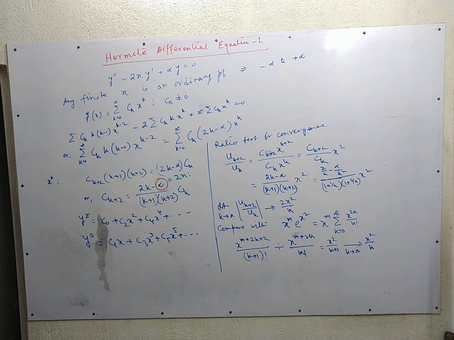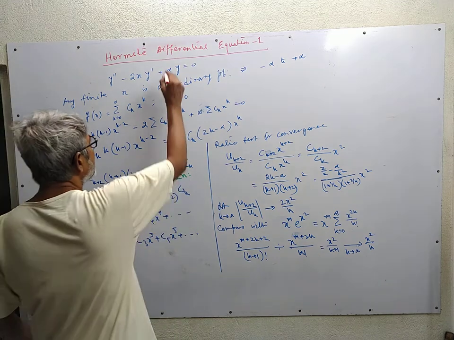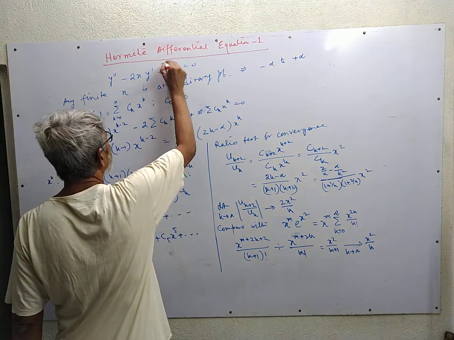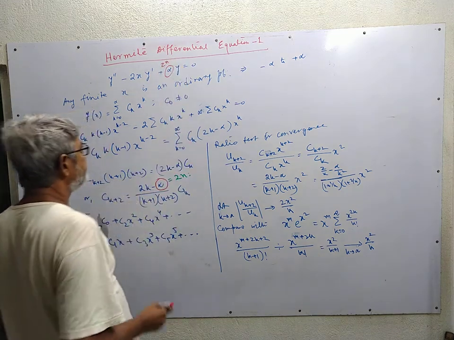The other solution will remain an infinite series and has asymptotic divergence. And the polynomial solution of Hermite differential equation is known as Hermite polynomial. That's why you will find in most of the books it starts with this as Hermite differential equation.